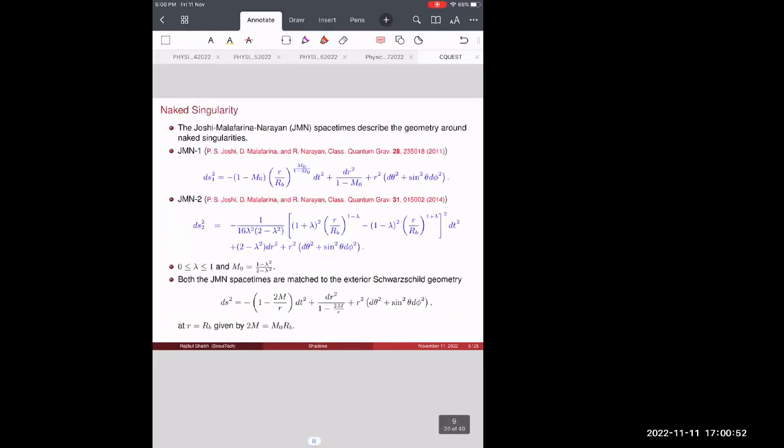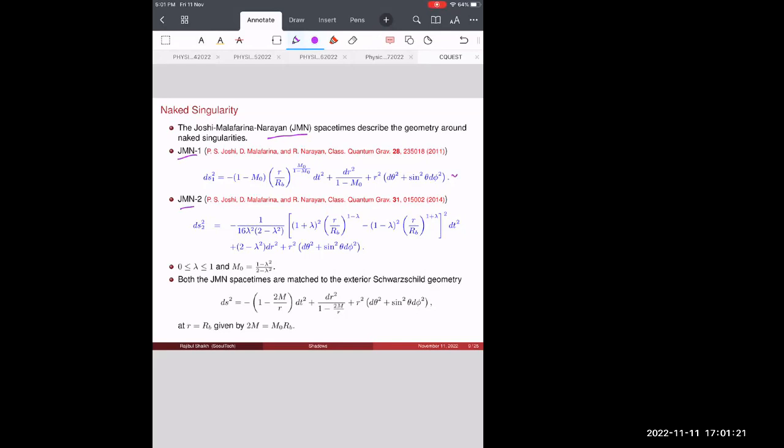So let us now consider the black hole mimickers that we talked about. The first black hole mimicker we considered is a naked singularity, and the space-time geometry around this singularity is given by the JMN space-time. There are two kinds of JMN space-time, JMN1 and JMN2.